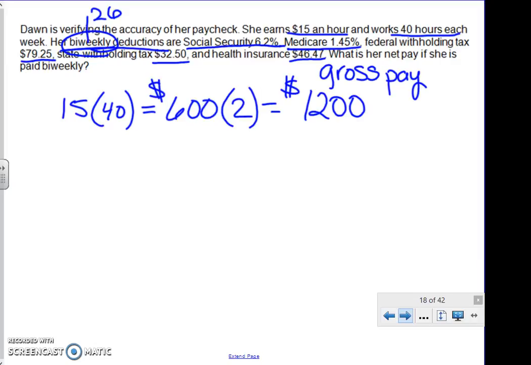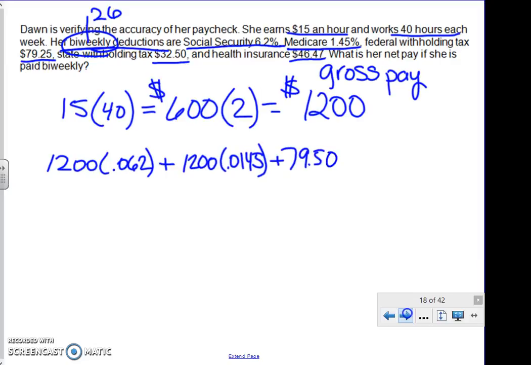For Social Security, we're going to take $1,200 and multiply it by 0.062, and then add 1,200 times 0.0145 for her Medicare. Next, we're going to add the $79.25.